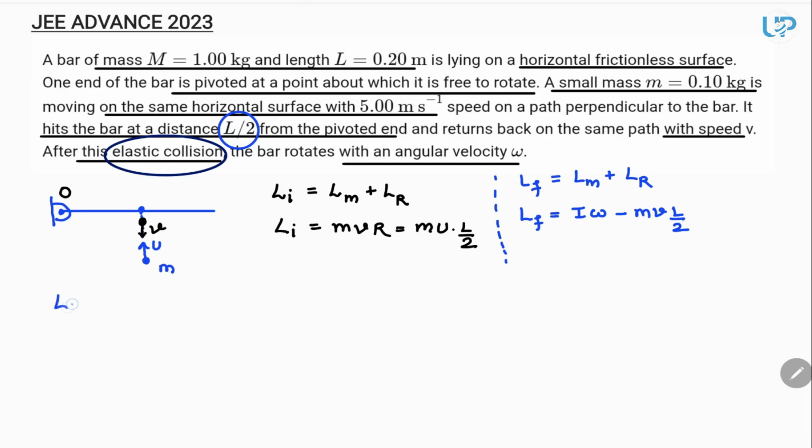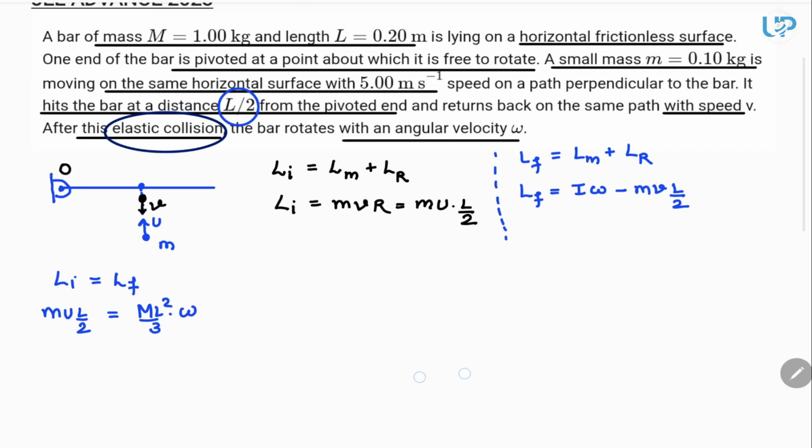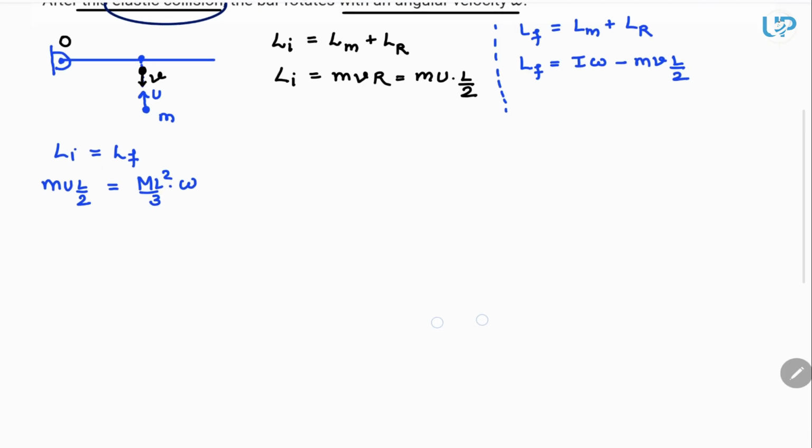Now we can equate L initial is equal to L final. So we'll have muL by 2 equal to mL square by 3 into omega, because the moment of inertia of the rod about this point O will be mL square by 3, into omega, minus mv into L by 2.